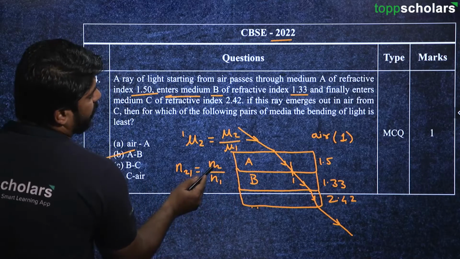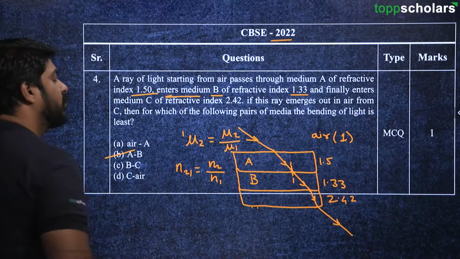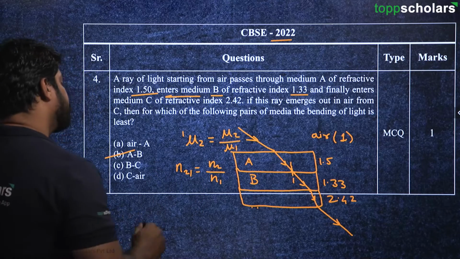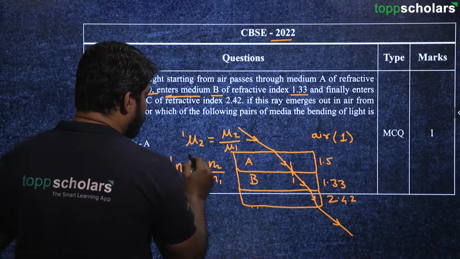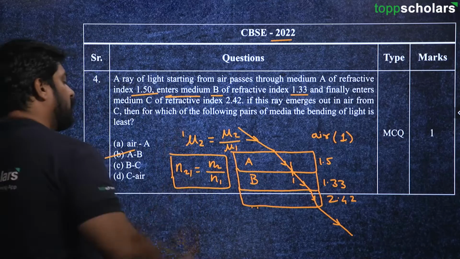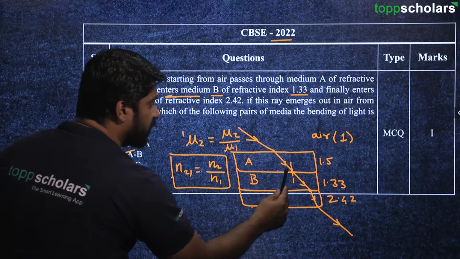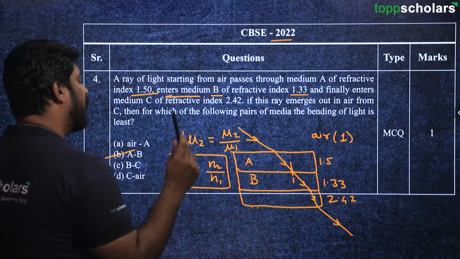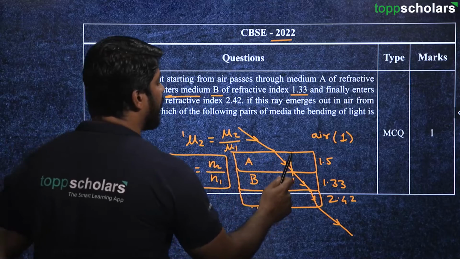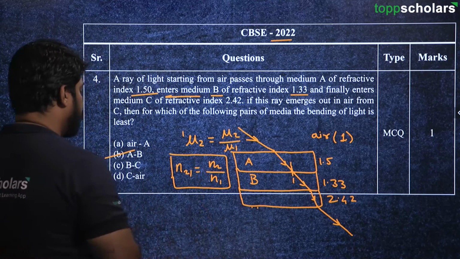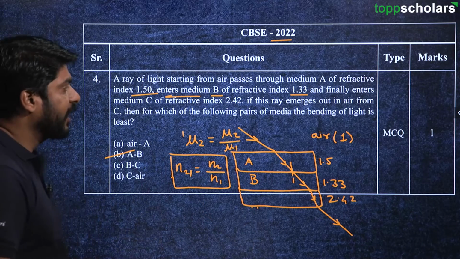This is the refractive index of medium 2 and this is the refractive index of medium 1. So this number is quite large here or here, but it is small over here. So that's why in this case the bending has to be less. This has to be the correct answer.